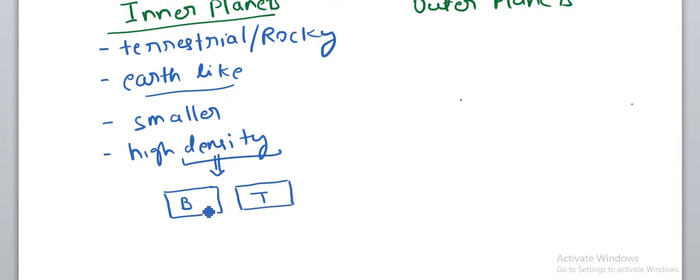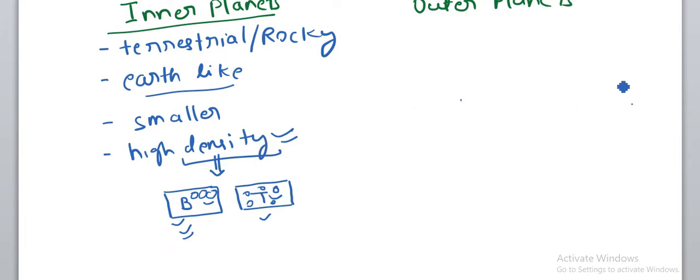So this is the brick, this is the thermocol. Now the size of both these things is almost equal, but when we measure their weight, the weight of the brick is much more as compared to thermocol. So we can conclude that the density of the brick is much more than the thermocol, because in the brick the molecules or atoms are much closer as compared to the molecules of the thermocol, which are far from each other, right? So the inner planets have high density.